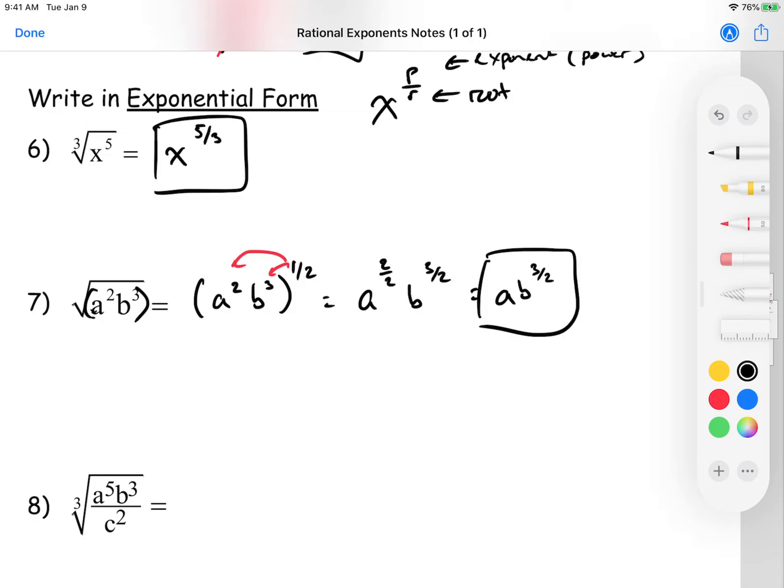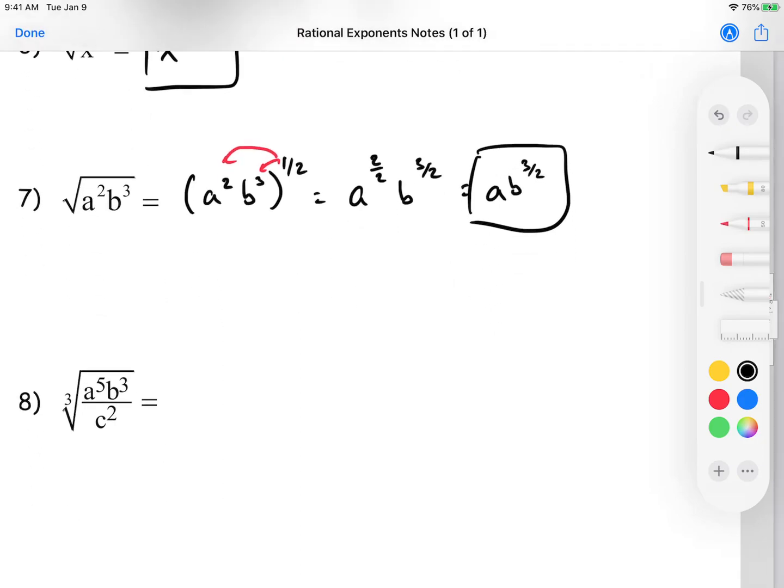If I just imagine that we call this whole thing x, then the square root of x is x to the 1/2. A little bit of replacement or substitution. And then from there, I apply my exponent rules to just multiply the exponents on the inside. And we'll review the rules in just a second.